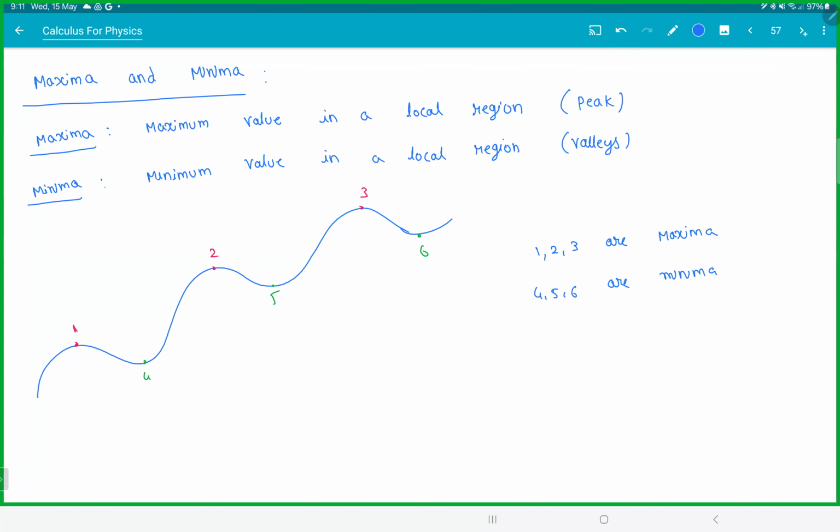And if you observe something here, the value of 6, which is actually a minima, is greater than the value of 1, isn't it? So maxima does not mean maximum, or minima does not mean minimum. Here the value of 6 is greater than 1, which is a maxima. So the value of a minima can be greater than a maxima.